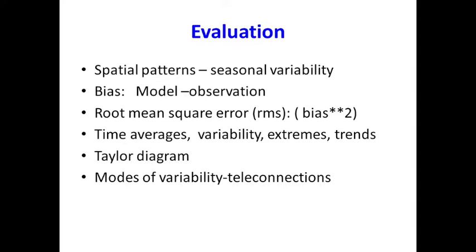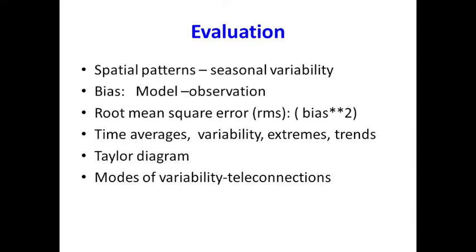And then we know which are the regions where there are more errors or less errors if we calculate this. So we can do also time averages to see how the model behaves. We can see the variability of some variables, see the extremes, trends. And there is one Taylor diagram that is a very useful way to see in one graph.